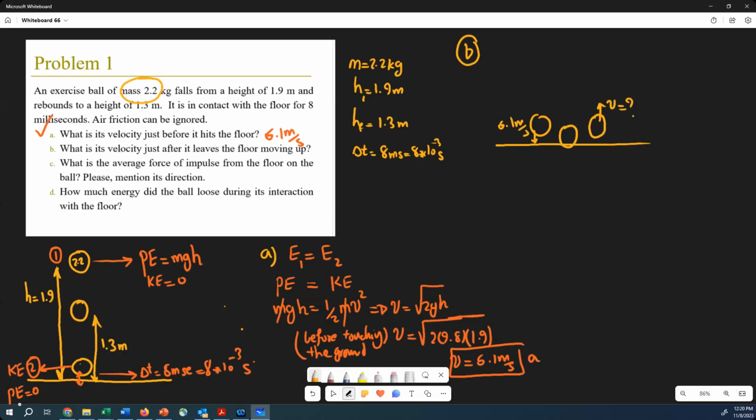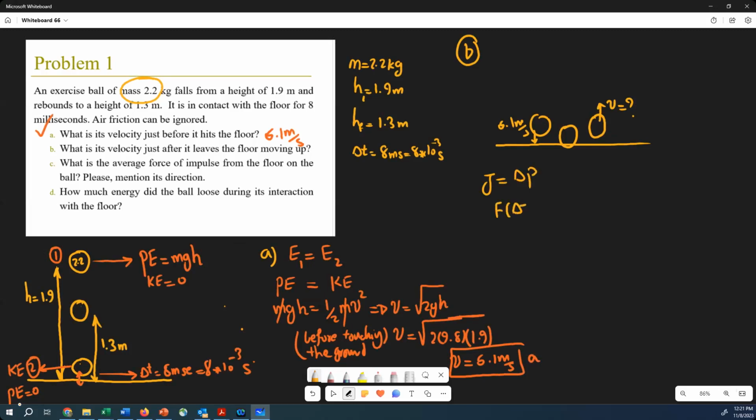For calculating this velocity, we have a law which we call the impulse momentum theorem. What is the impulse momentum theorem? It means that J equals the change of momentum. What is J?